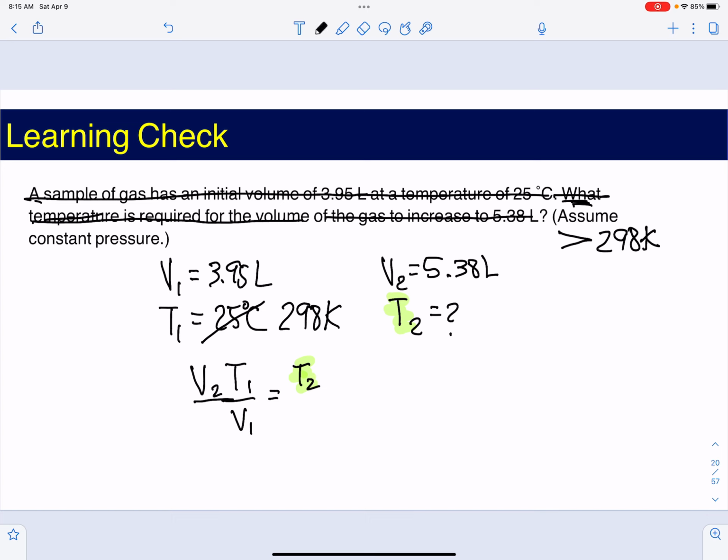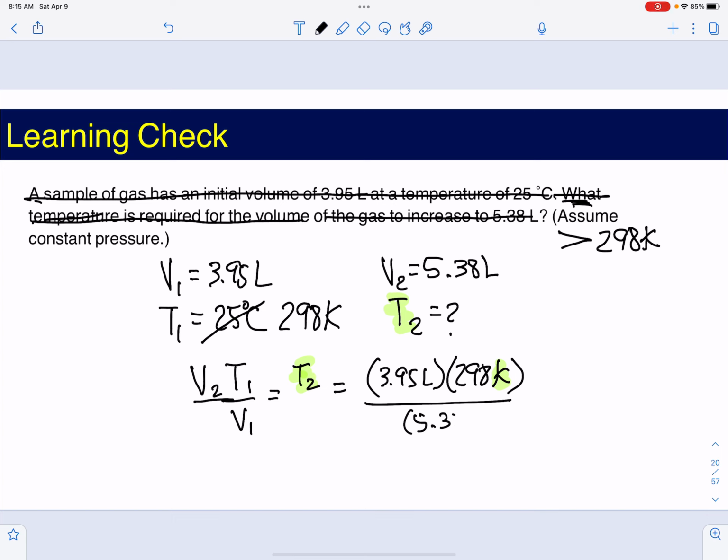So let's do that. I got my values, right? V1, 3.95 liters. T1, 298 Kelvin. Remember, it has to be Kelvin. Divided by V1, which is 5.38 liters.